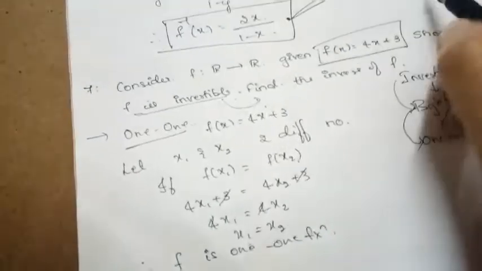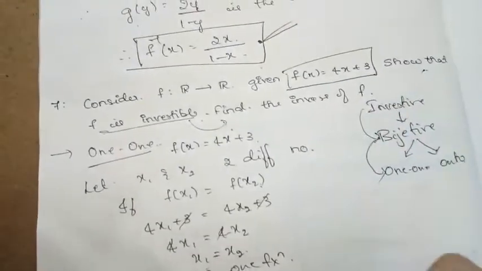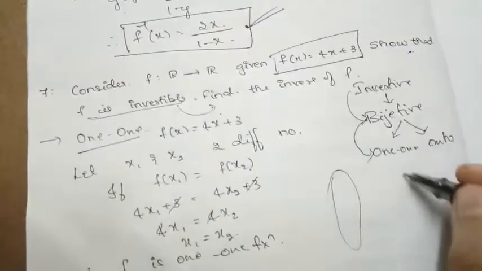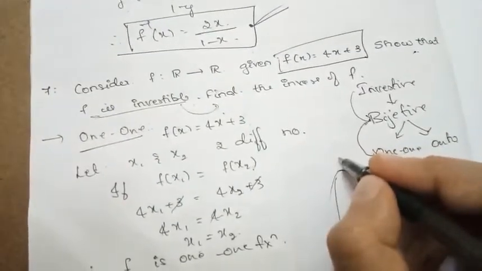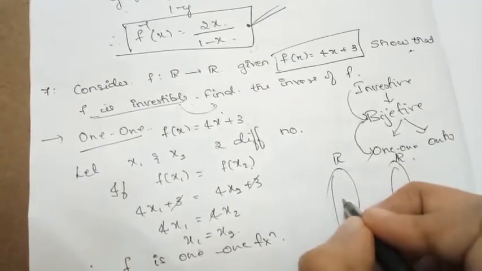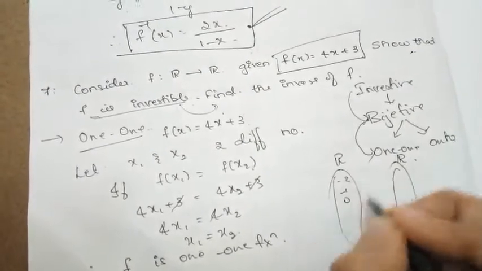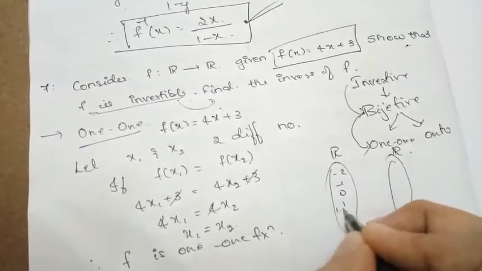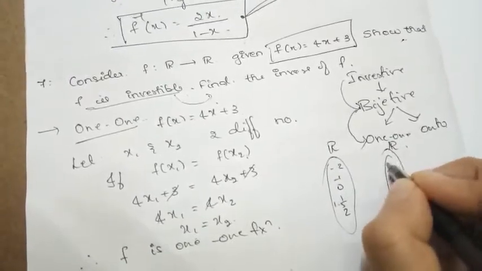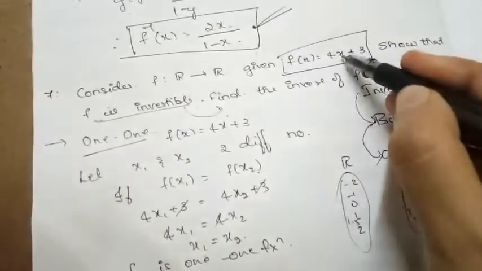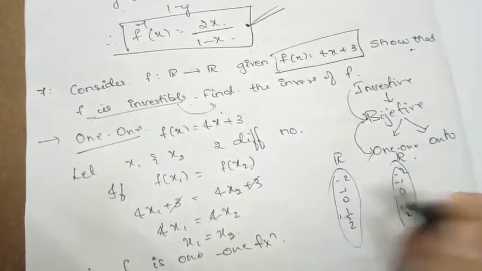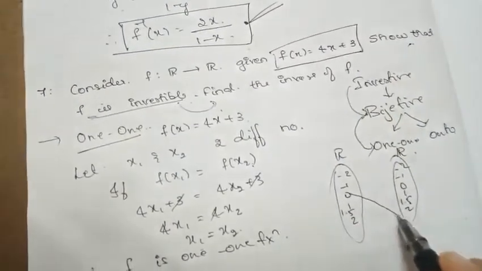Next, to say that the given function is an onto function, you can check one thing by taking random values. This is also the set of real numbers, and this one is also the set of real numbers. If you take input 0, here x is equal to 0, and we get the value 3.